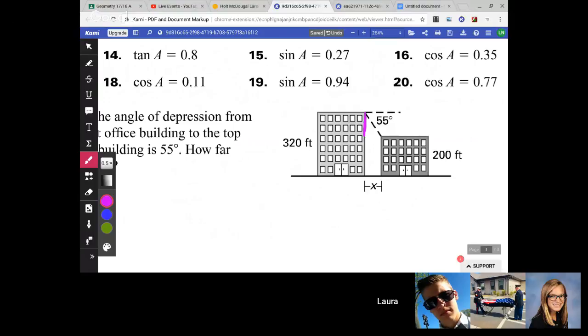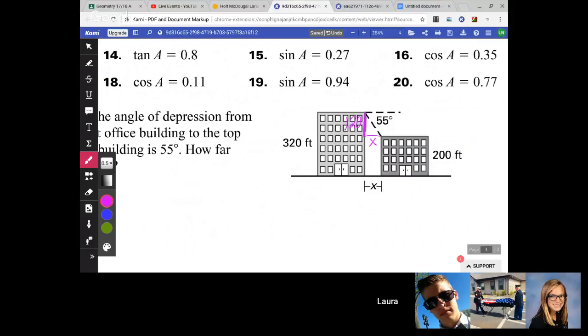No, this one's really just subtracting. If one building's 320 and one's 200, how much taller is the big one? 120. Yeah, so that side, the pinkish one there, would be 120. So there's one side, and we can draw this side, which is our X that we're trying to find. So now we've got a little triangle in there. Does that make sense? Yes.